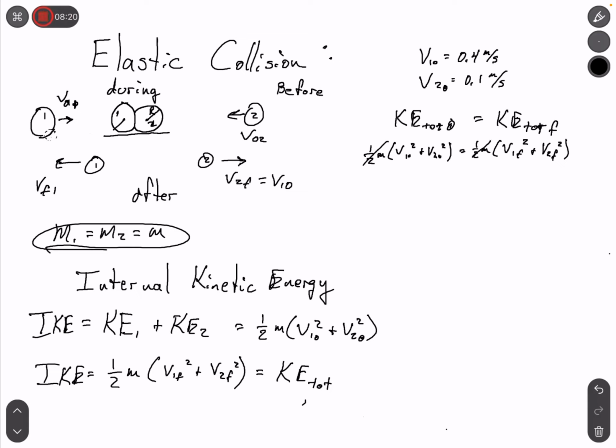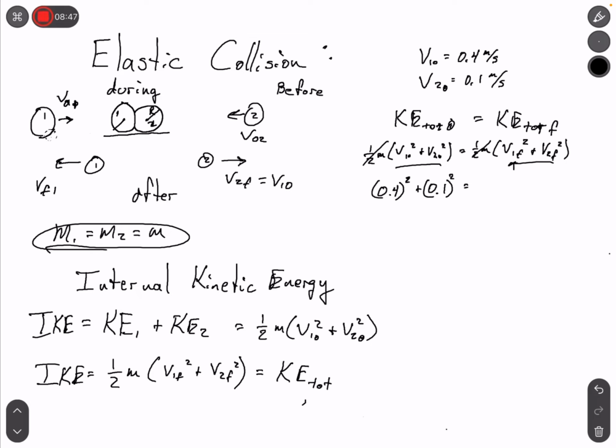But the 1/2s can go away, and we're left with these. So we can square it: 0.4 squared plus 0.1 squared.